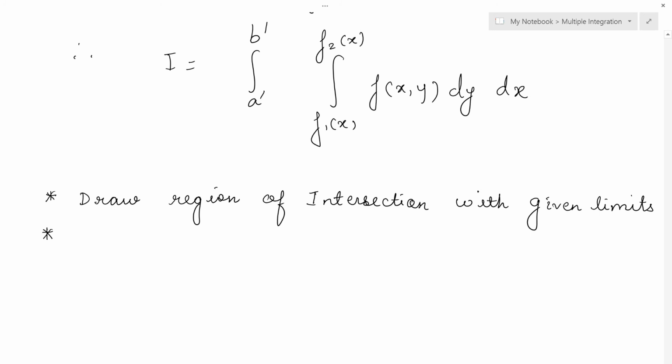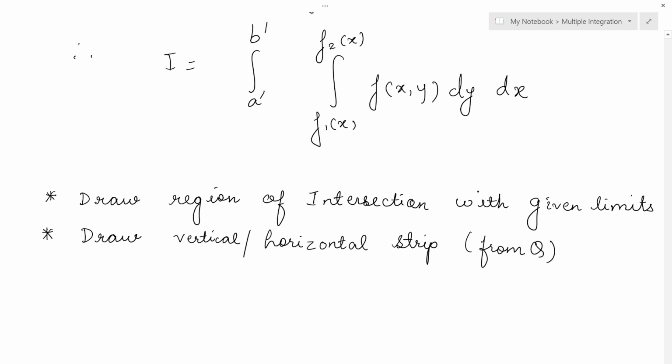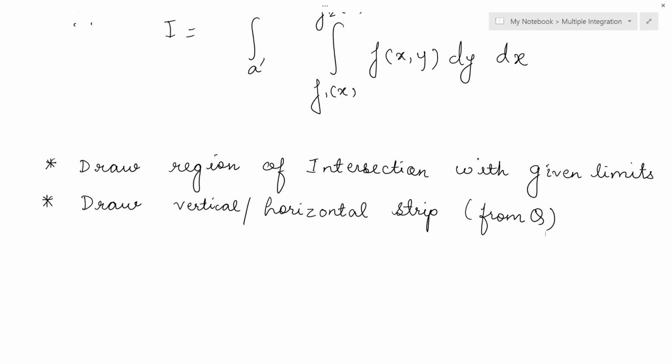Then we will draw a vertical or horizontal strip, whatever the question demands. That means if in the question it is integrated with x first, you will draw a strip which is horizontal. Check whether whatever we have drawn is correct.